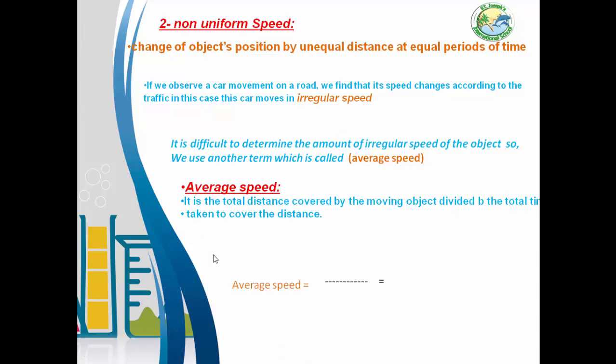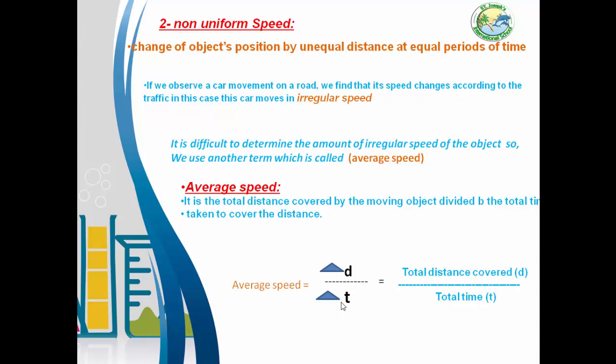We can calculate it by the relation average speed equals delta D divided by delta T. It means total distance covered divided by total time.